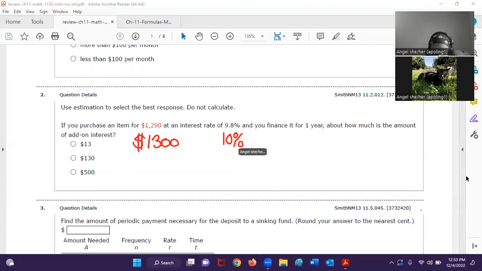So if you were being charged about 10% on about $1,300, then you would expect to pay $130 in interest.